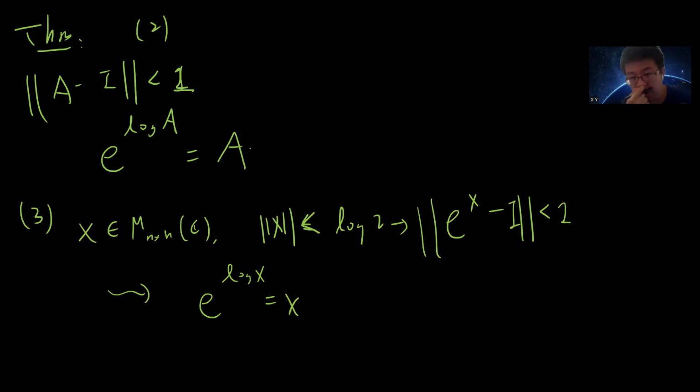So the proof idea is basically to follow this lemma, but go to the matrix version. Let me just give you the idea of the proof. This proof is cumbersome, so I will just sketch it. Let's suppose the norm of A minus identity is less than 1.